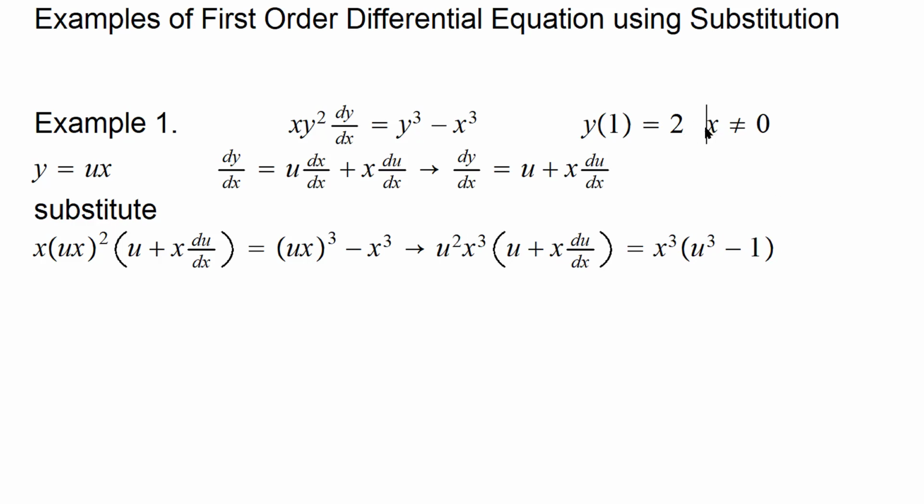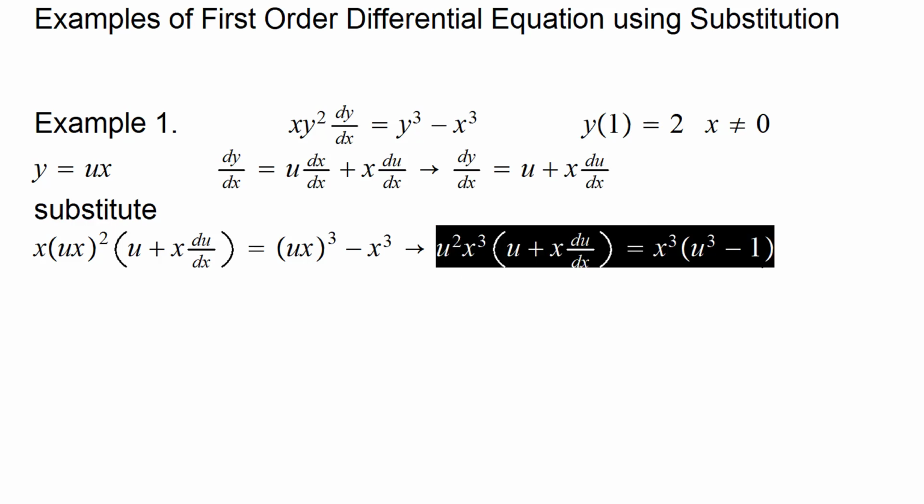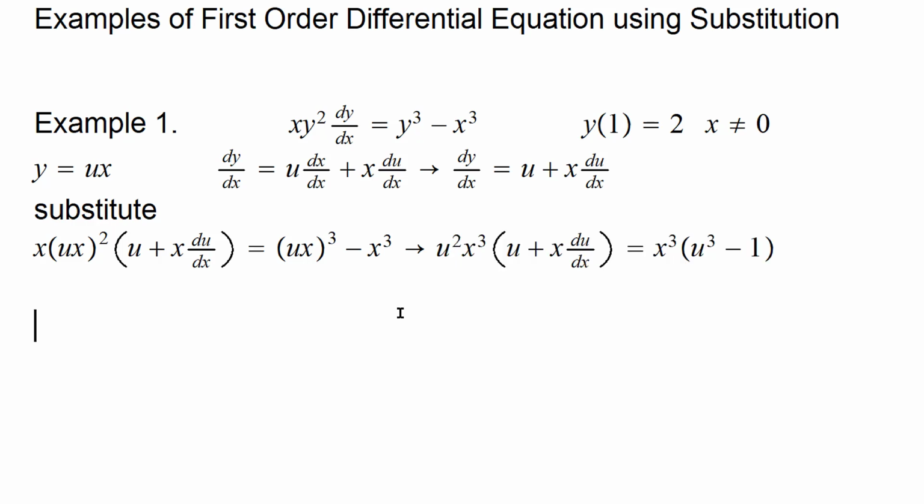Here I am writing x not equal to 0 because our initial condition is y(1) equals 2, so we can safely assume that x is not 0, because we are going to be canceling x cubed on the two sides, so we divided by x cubed. So this is what we got here.